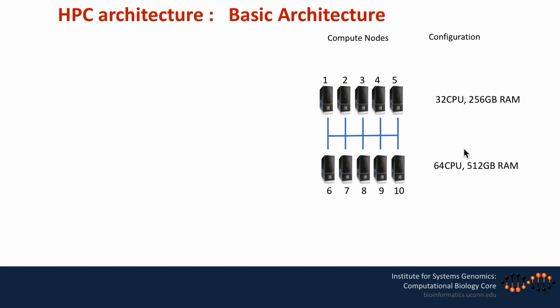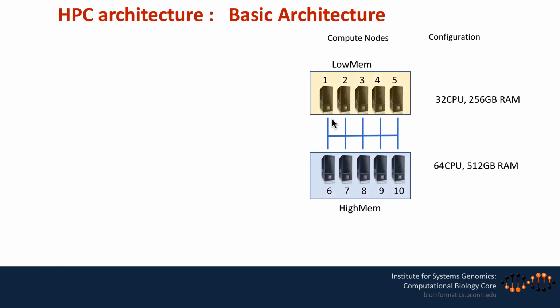Depending upon what kind of jobs we are running, some jobs may need a huge amount of memory, so we can run those on 64 CPUs and 512 gigabytes of RAM, and some may not be that compute intensive, so we can use the lower versions. Since these are the machines where all the computation and analysis happens, they are referred to as compute nodes. So technically we have 10 compute nodes in this computing cluster.